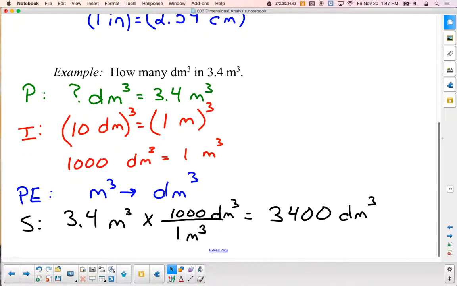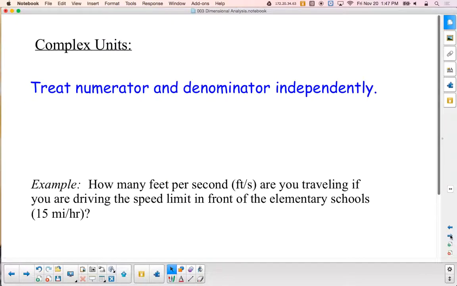The other thing we need to do today is complex units. This is like miles per hour. The whole key to success with complex units is to just have two separate thoughts. Treat the numerator and the denominator independently.